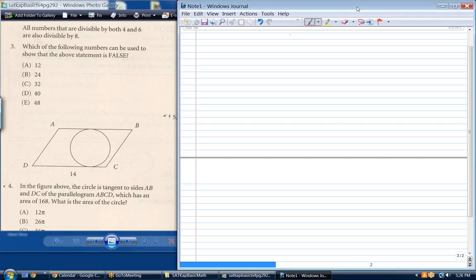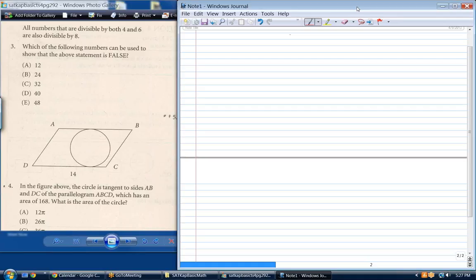So are we just supposed to find the one that doesn't give us a whole number? If I made a statement to you saying that all numbers divisible by both 4 and 6 are divisible by 8, could you disprove that statement to me? All it takes is one example. Now, notice that B doesn't disprove it because both numbers are divisible by 4, 6, and 8.